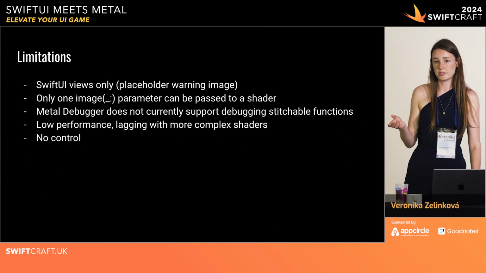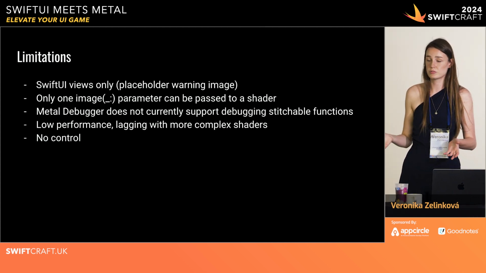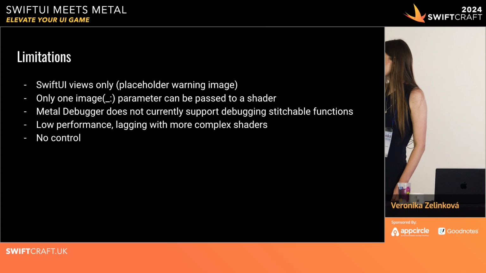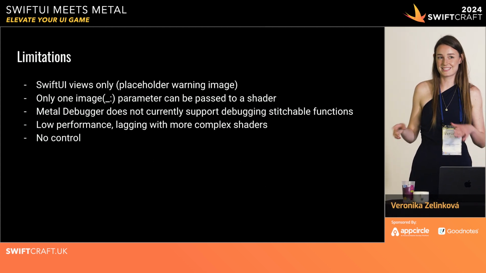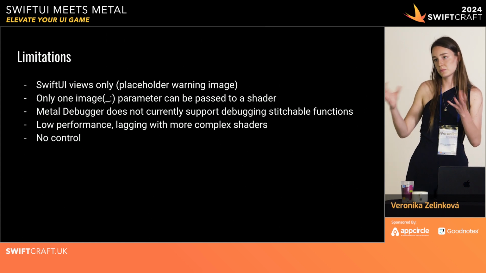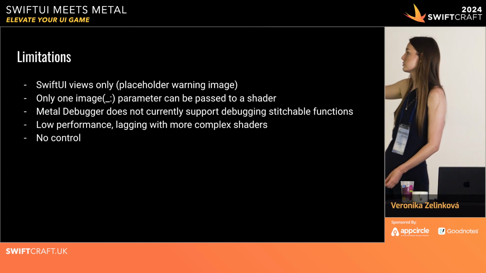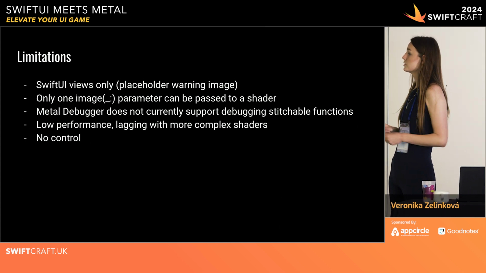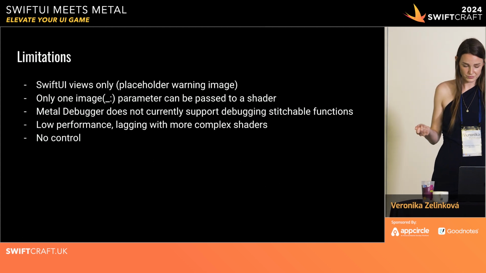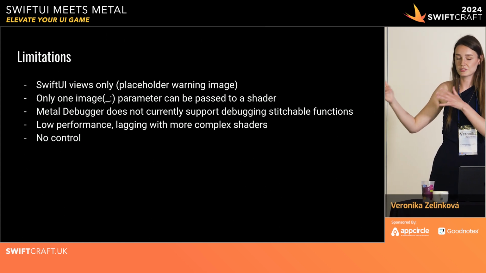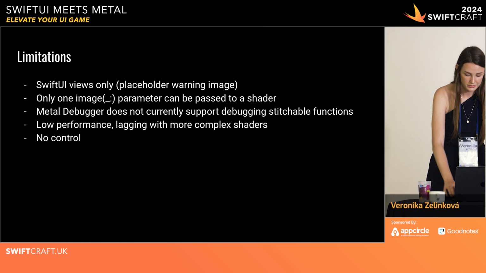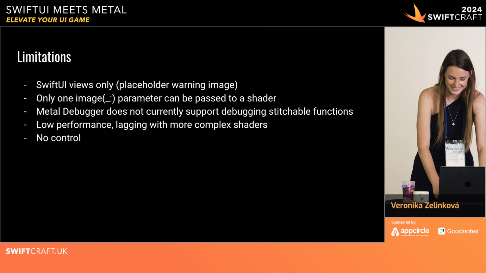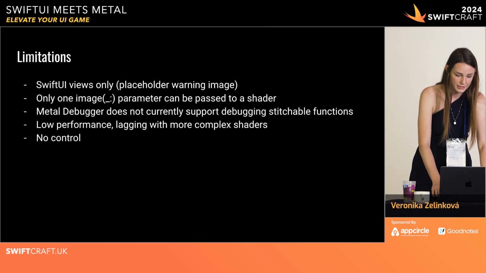Third limitation would be that when you write normal Metal code, Xcode actually has a pretty good built-in debugger. But this debugger does not support the stitchable functions. Stitchable was the parameter which we have to use at the start of our GPU function, which will be used in SwiftUI. So we can't really currently use the Metal debugger to debug these Metal shaders.